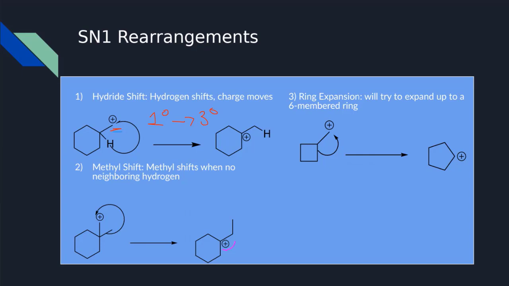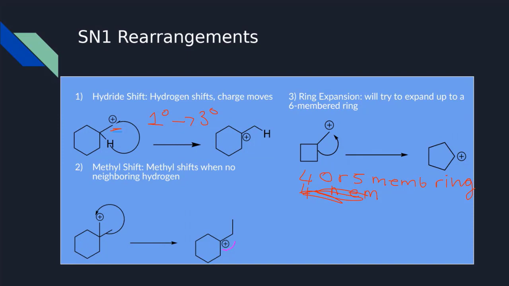In addition to that, our final one is a ring expansion. What this means is if we see that our positive charge is adjacent to either a 4 or 5-membered ring, we're going to try and expand that ring because it's currently in a less stable position.